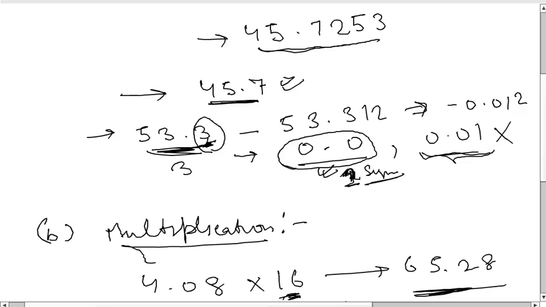In this case, the least precise term had only one digit after the decimal. So we can quote only one digit after the decimal. We cannot show more precision than that because this term was least precise.